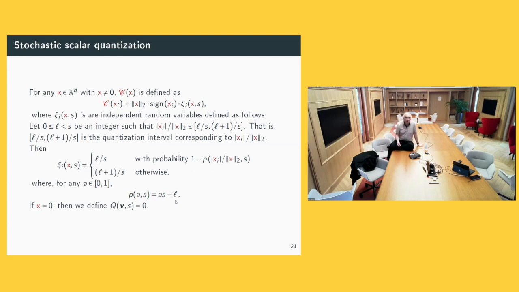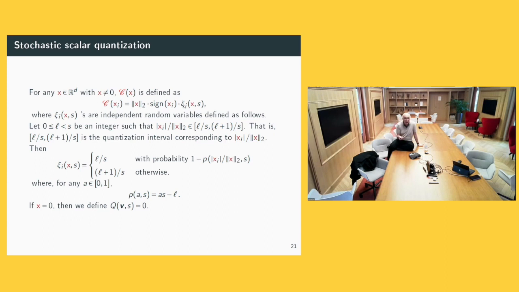So one way to do this is to use stochastic scalar quantization. Typically what you do, you take a vector x in R^d, you extract the norm, and you quantize the norm with quite high accuracy.